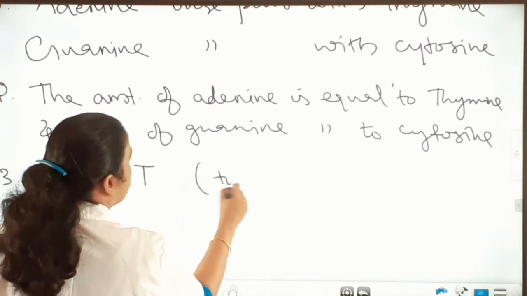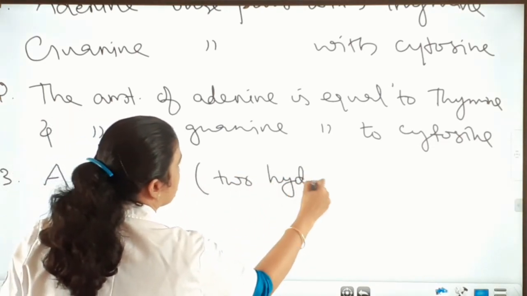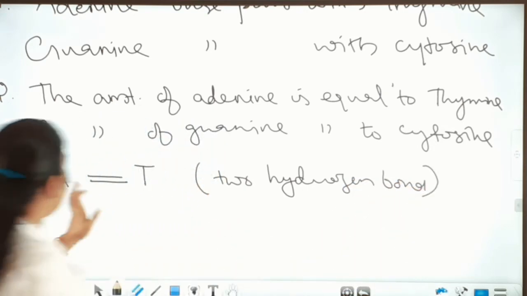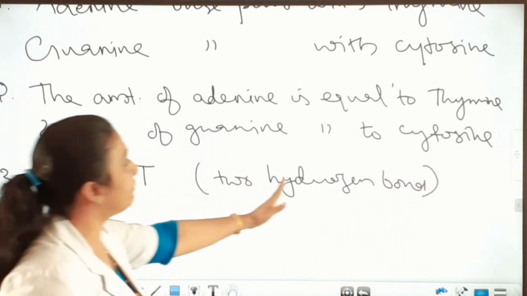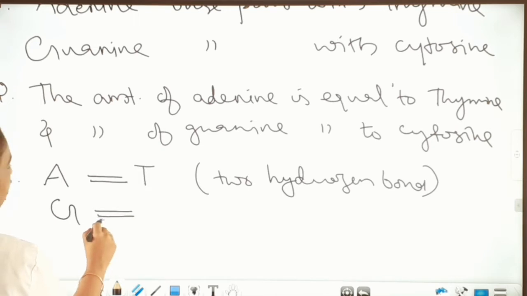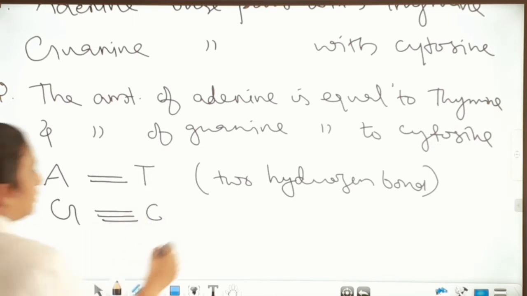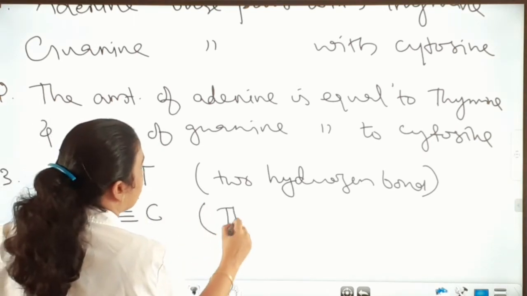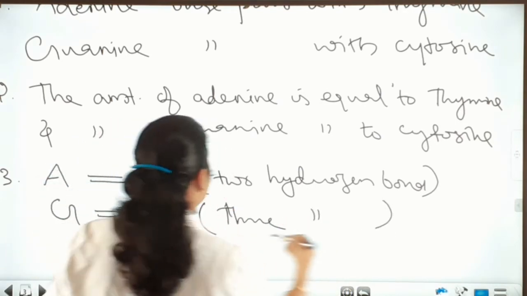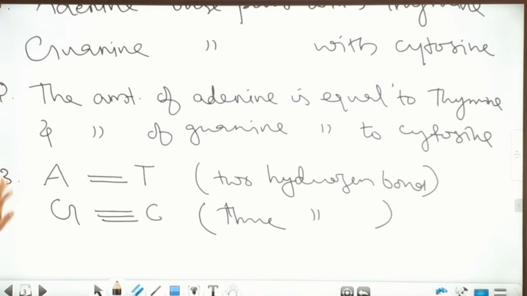So adenine base pairs with thymine with the help of two hydrogen bonds, and guanine always pairs with cytosine with the help of three hydrogen bonds. So that is the next rule.